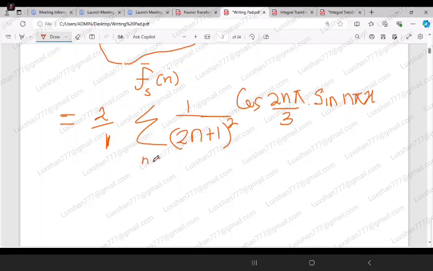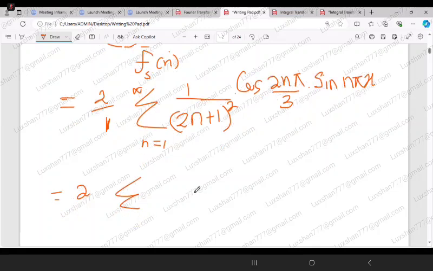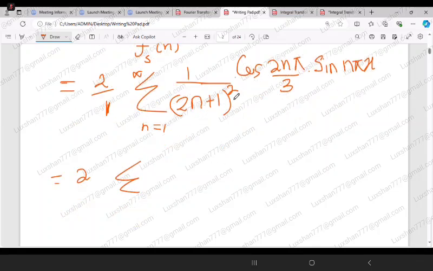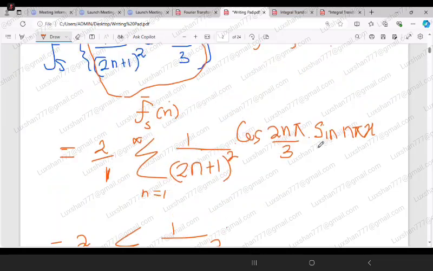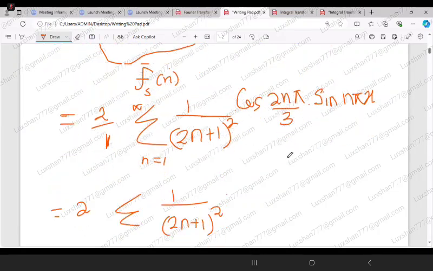n equal 1 up to infinity. Therefore, this is equal to 2 times the summation of, you can't take this out of the square because this is depending on n. Therefore, you can write it as 1 over (2n plus 1) squared into, if you want, you can simplify this, otherwise you can keep it as it is, no problem.